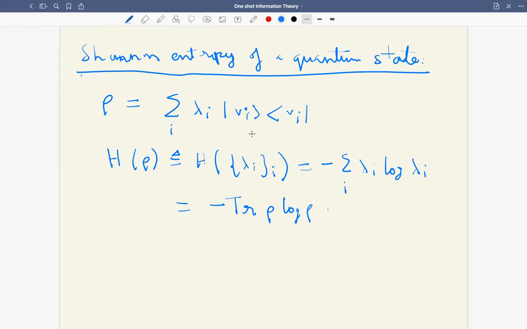But that's fine. If I have to define log of rho, I'll just take log lambda 1, and the same for lambda 2. It does not matter which V1, V2 I use to span that two-dimensional space; the operator is the same. Basically, log of rho will look like log of lambda 1 on that two-dimensional space.